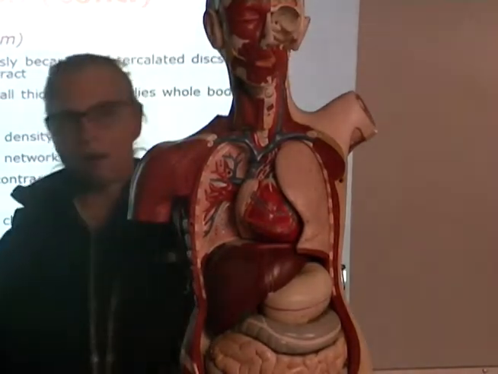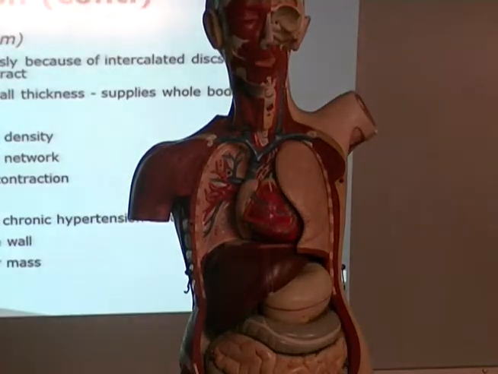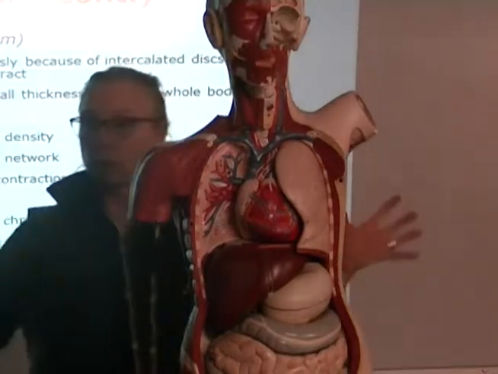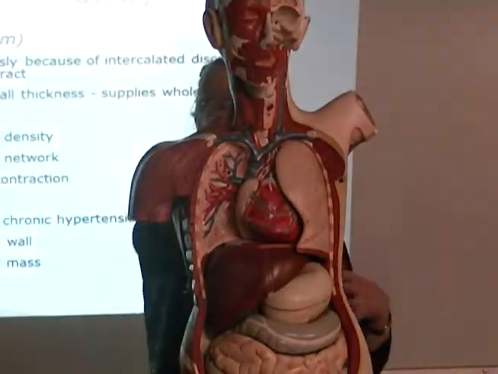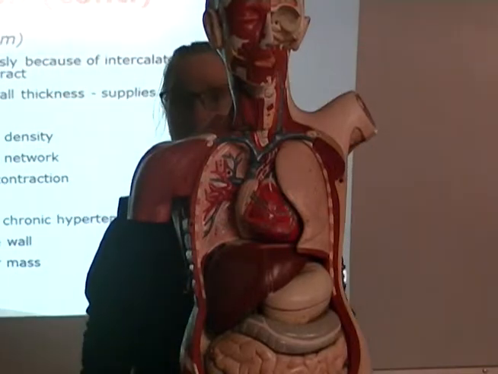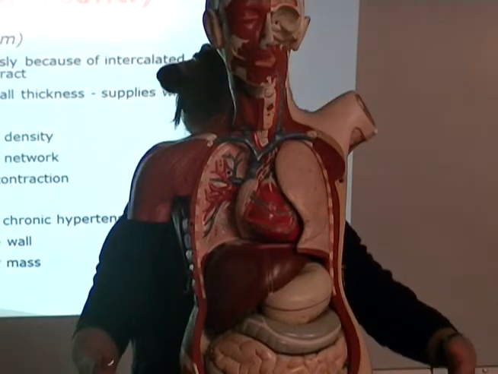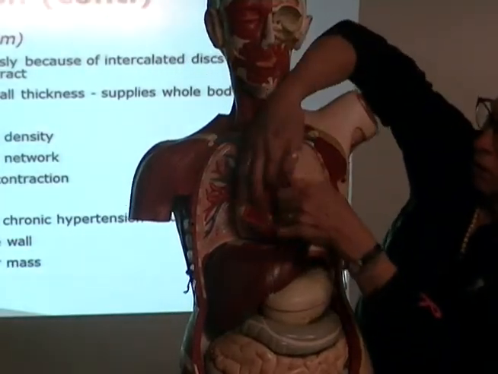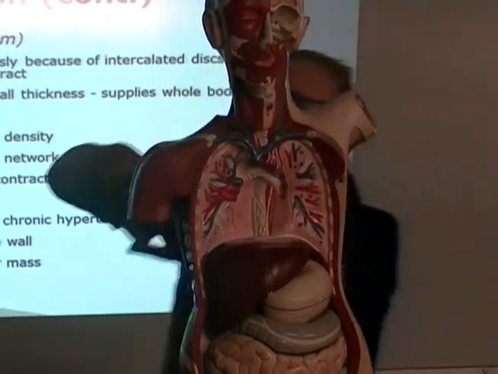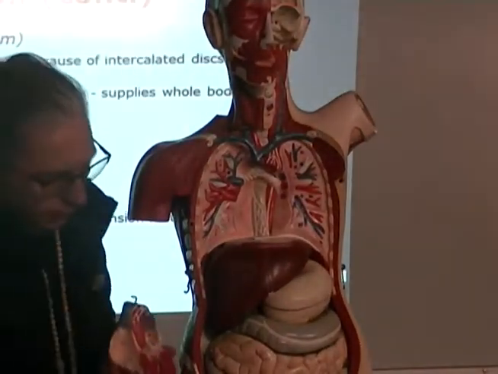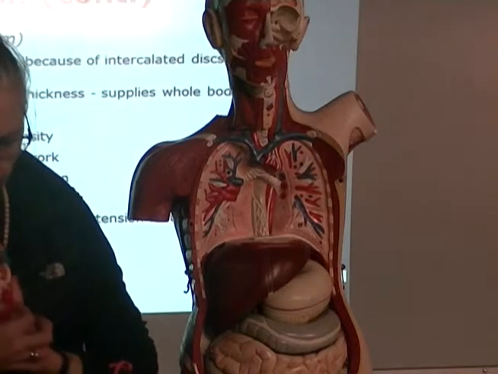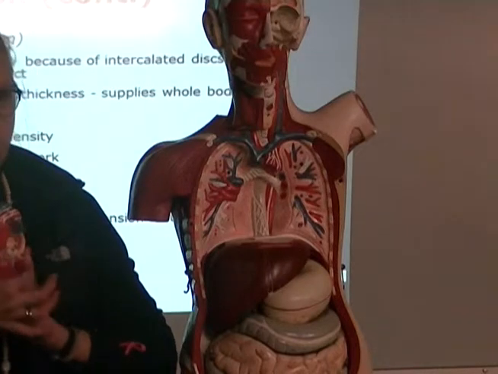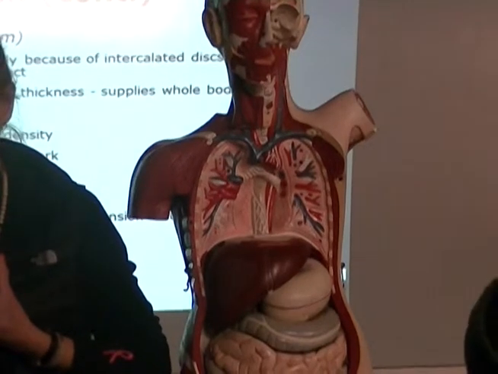So which side of the heart has to do the most amount of work? Right, left? Left, right? Because it's got to pump blood through the entire body, all the way down to your toes, right? So when you look at the heart, not surprisingly, the left side of the heart has a thicker wall and more muscle mass than the right side of the heart, right?